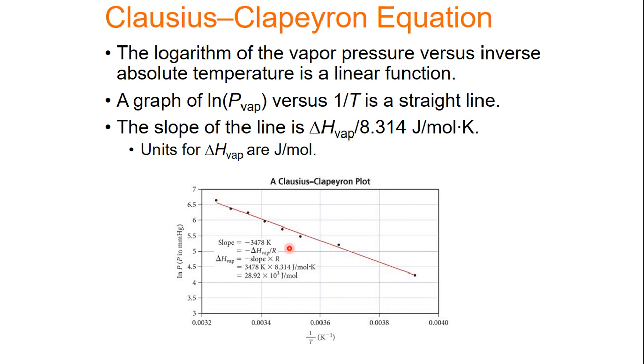The slope of your line is delta H vaporization divided by a constant, which is the gas constant, 8.314. So with just vapor pressure and temperature, you can tell how much energy you need to put into a liquid to turn 1 mole of liquid into a gas.